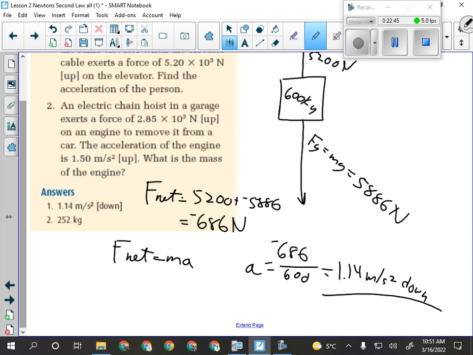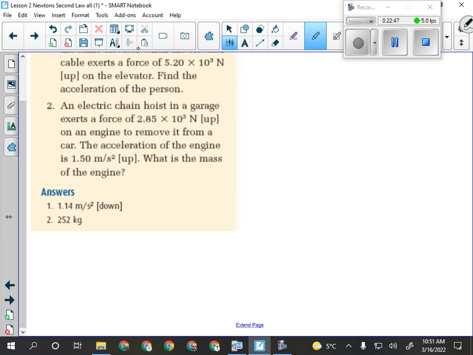In the next question, we're told that this electric chain hoist can exert a force of 2,850 newtons up. So if I start my free body diagram, I don't know what the mass is, but I know there's 2,850 newtons up.